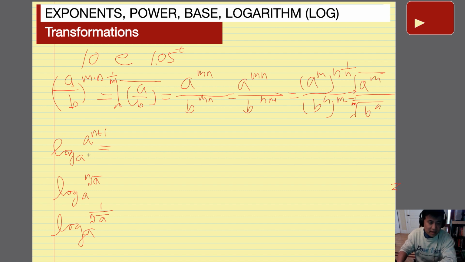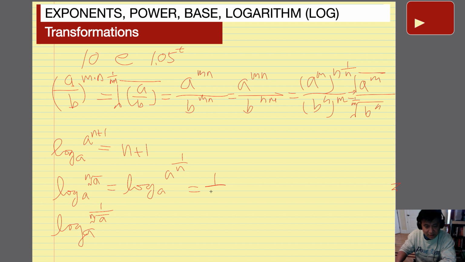Log base a of a to the m plus 1 is equal to m plus 1. And log base a of a to the root of n is equal to 1 over n. Okay, that's a transformation.